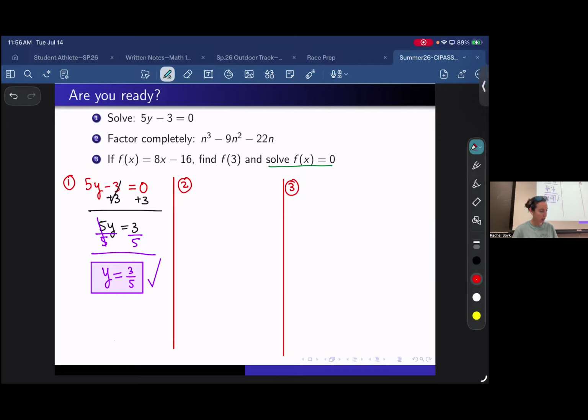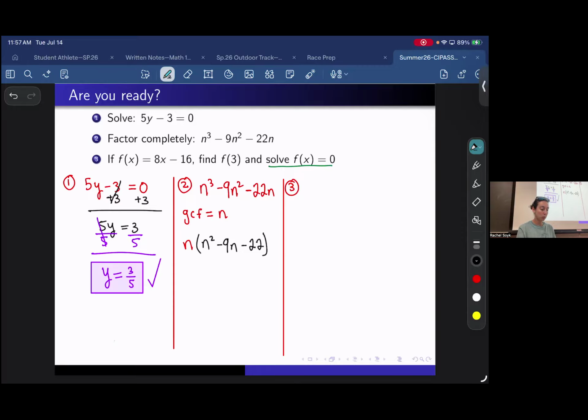In the second question, we're looking at n cubed minus 9n squared minus 22n. What's the first thing that we're going to pull from the back of our brain? Can we pull out a GCF? And we can. We can factor out an n, and when we do, we're just left with a nice quadratic n squared minus 9n minus 22.